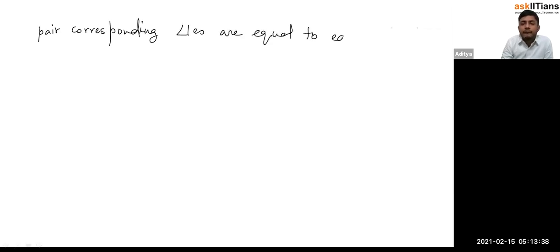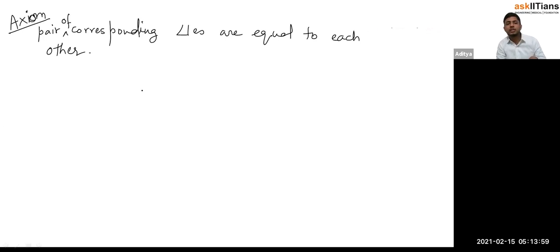This is an axiom, by the way. We cannot prove this. This is very closely related to the fifth postulate of Euclid that we had studied in the last chapter. So pair of corresponding angles are equal to each other. This is an axiom.